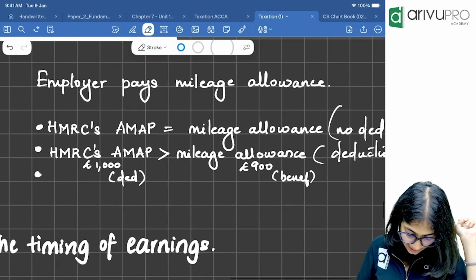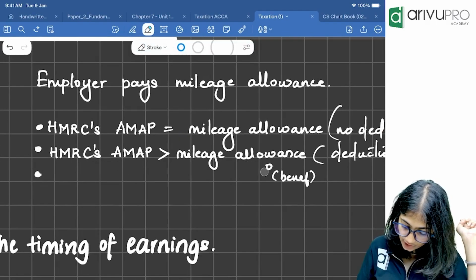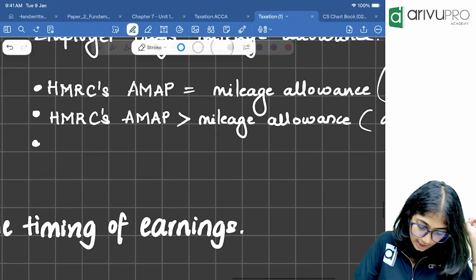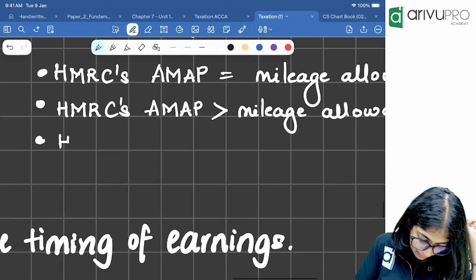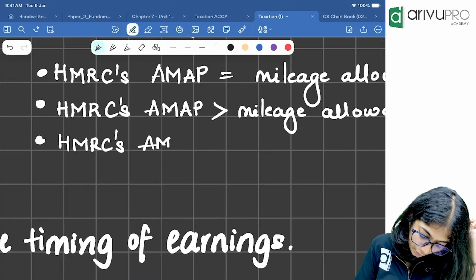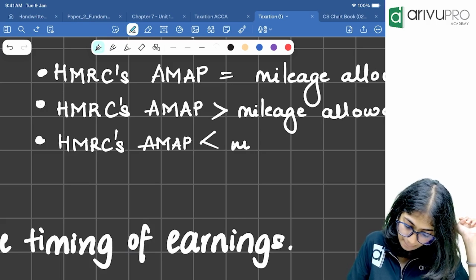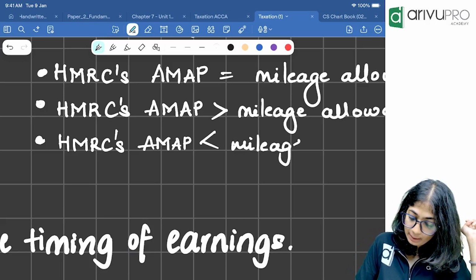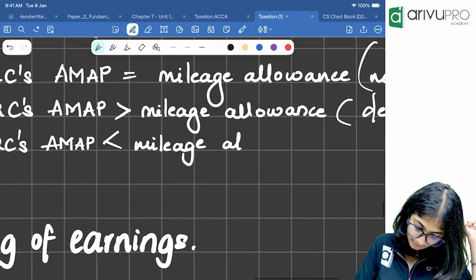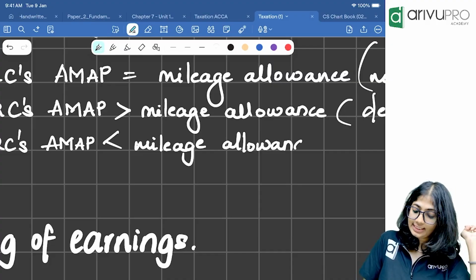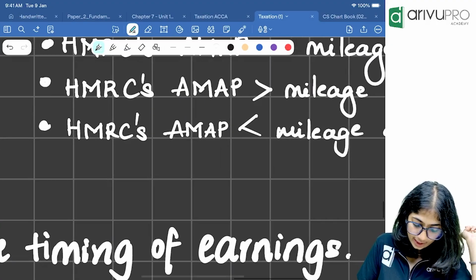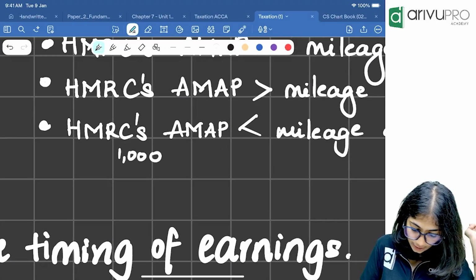For clarity's sake, let's look at the third case. Let's say HMRC's approved mileage allowance is less than the mileage allowance provided by the employer. Let's say you only require £1,000 according to AMAP.